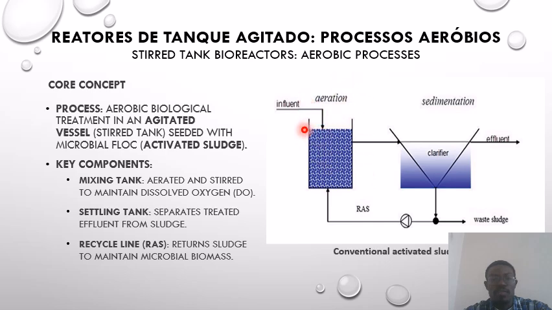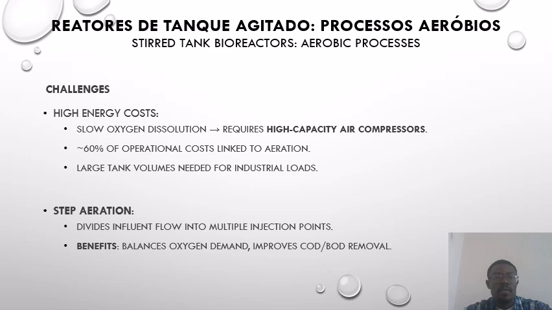This is the aeration process, the influent, and it's being pumped in. After it settles down, the clean water is being discharged, while the sludge is recycled, aeration continues, and the process repeats itself.